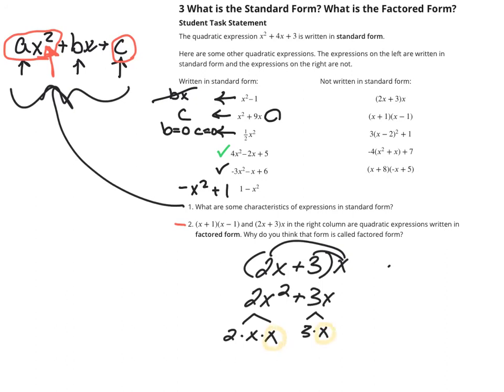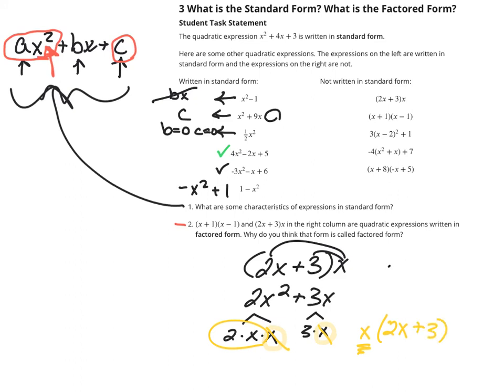Just an x. So the greatest common factor is just an x, which means I can factor that x out. I always factor out to the front, but I can take this out and I'm left with a 2x. I can take that out because I put it right here and I'm left with a 3.